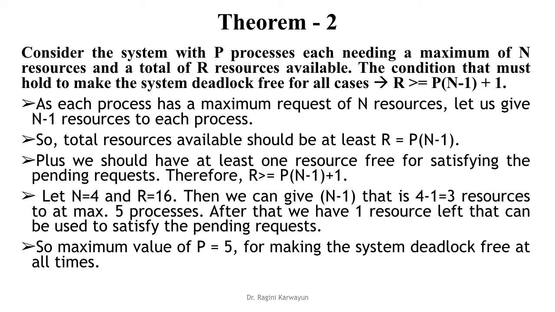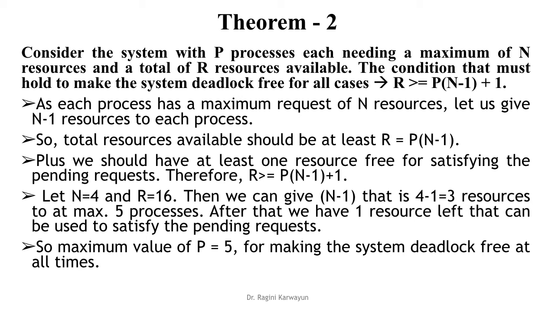So if n is equal to 4 and R is equal to 16, that means we have a total of 16 instances of that resource, and the maximum request of each process is 4. Then we can give n minus 1, that is 3 resources, to at most 5 processes. 3 fives are 15, so the remaining 1 resource will be left that can be used to satisfy the pending request.